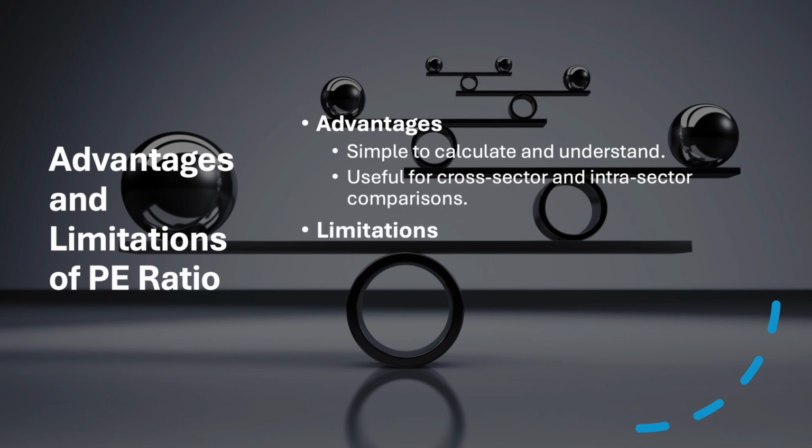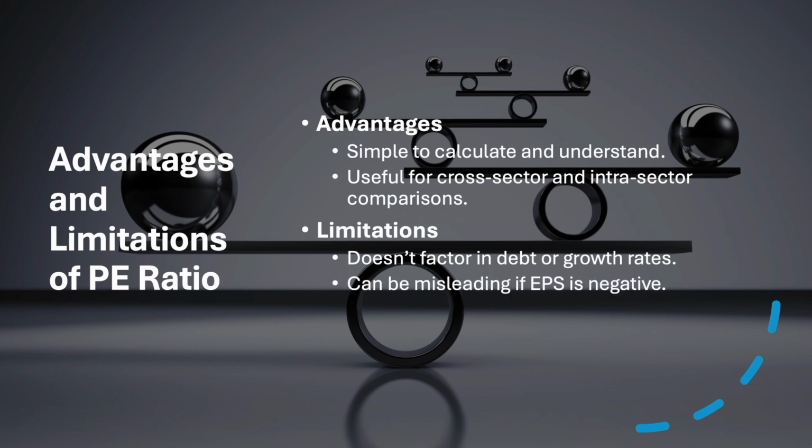But the PE ratio isn't perfect. It doesn't account for a company's debt or growth rates, which can lead to misleading valuations. And if the company's earnings are negative, then the PE ratio becomes tricky or even irrelevant.